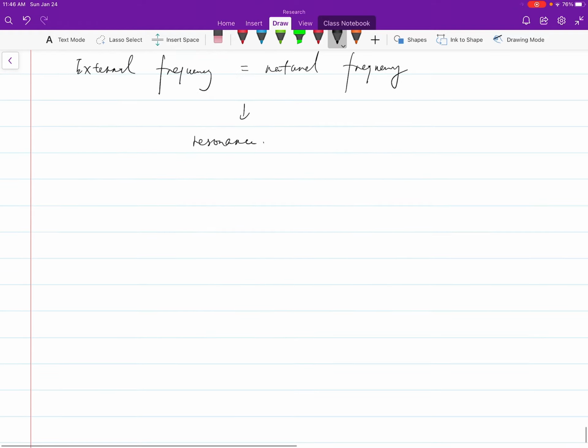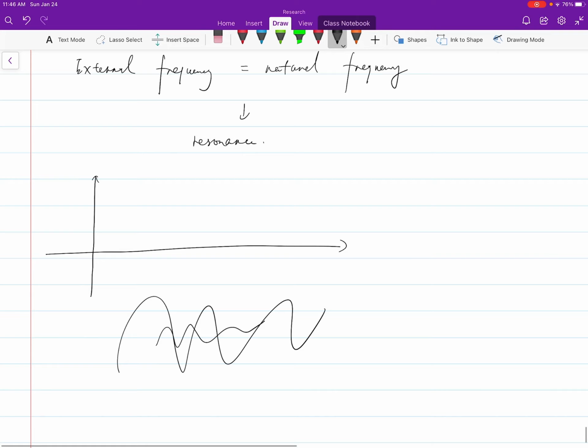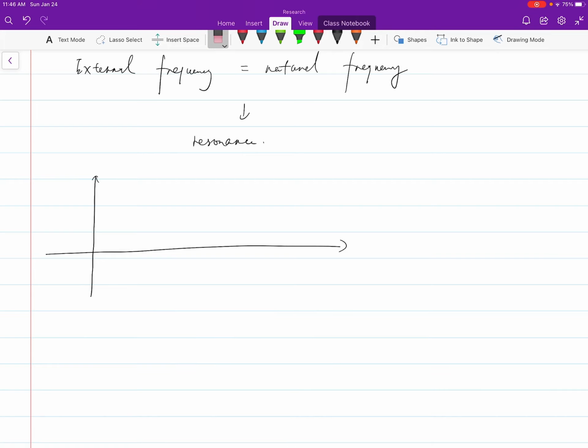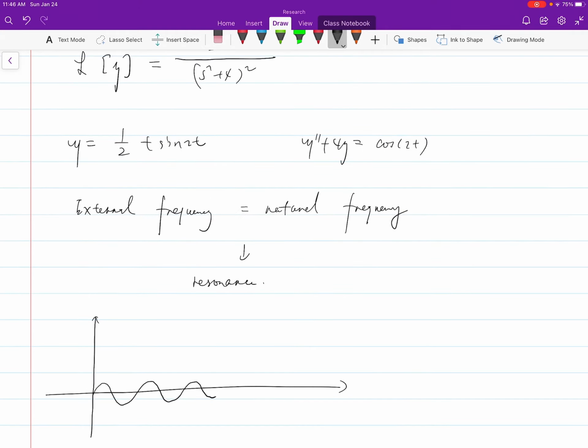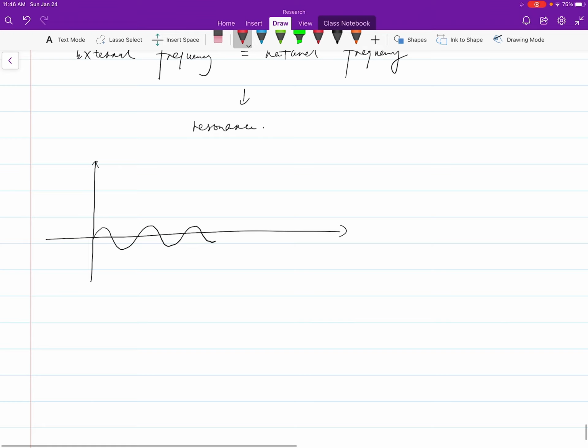So what's happening? If you have a superposition of two waves, one wave is like that, one wave is like that, you just sum them together, that's fine. But now what you have is sine t, and the amplitude of sine t is going to be t, which means as time goes by, the amplitude becomes bigger. So you are going to have something like this.